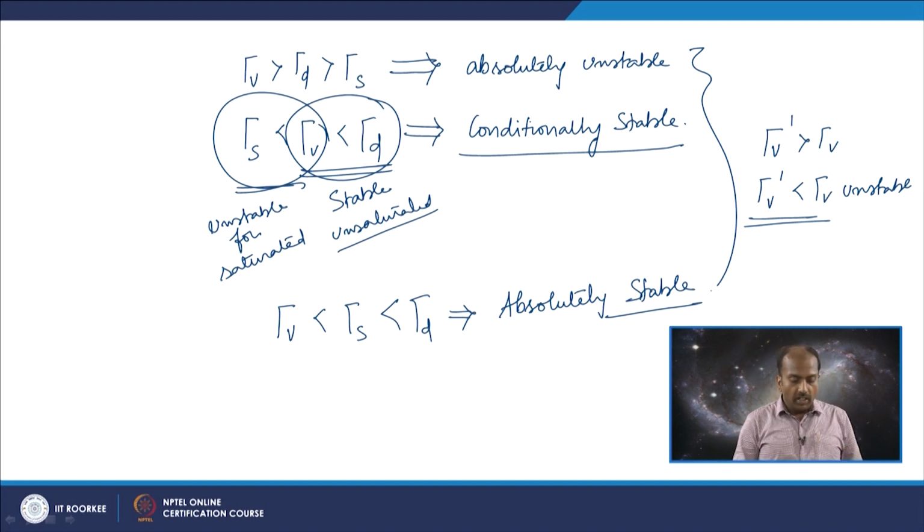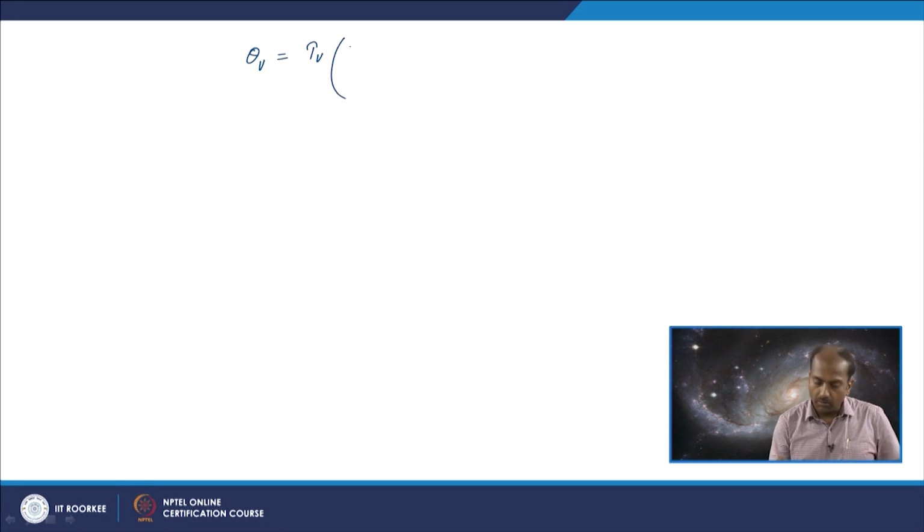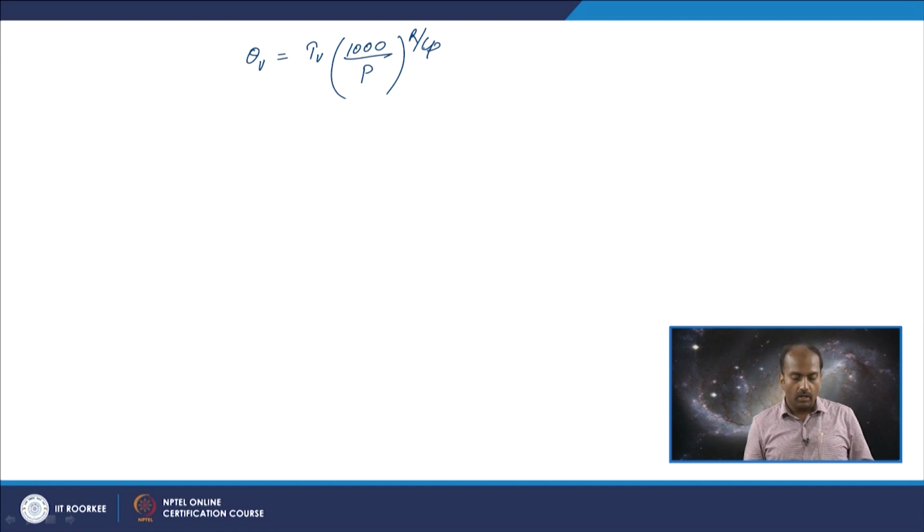We can also rewrite these conditions of stability in terms of potential temperature, whose derivation we have already dealt with. The virtual potential temperature theta v is Tv times (1000 by P) to the power R by Cp. So far we have defined conditions of stability in terms of temperatures. We will now define them in terms of the potential temperature.